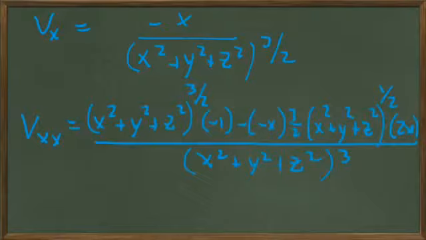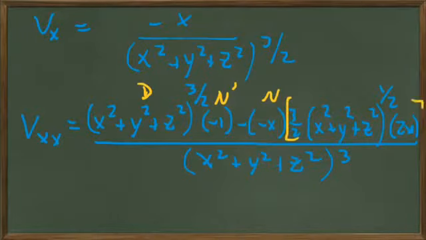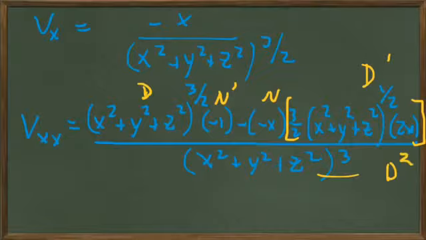Going through and identifying the parts, here is the denominator, here is the derivative of the numerator, here's the numerator, and everything here is the derivative of the denominator, and of course this denominator here is the preceding denominator squared, the power 3/2 squared becomes the power cubed.